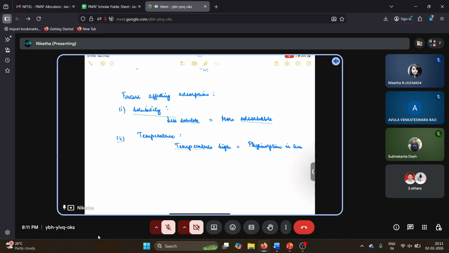Physisorption is highly temperature dependent. At very high temperatures, physisorption capacity reduces and the efficiency is very low.